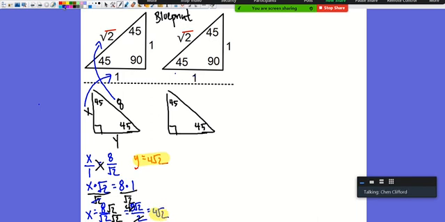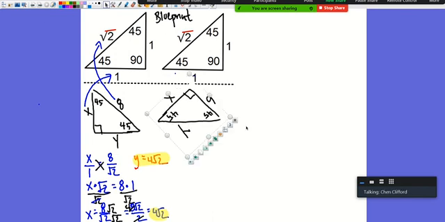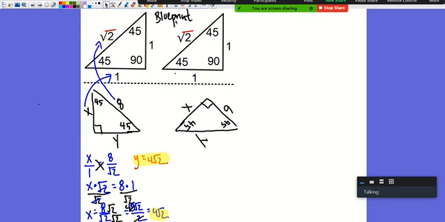Now, let's pretend you have a 6 here, and they want you to find x and y. Let me try to quote unquote confuse you guys. I'm going to just rotate this, like that. Oh my goodness, so confusing. And I have 6 here, and I have y right there.